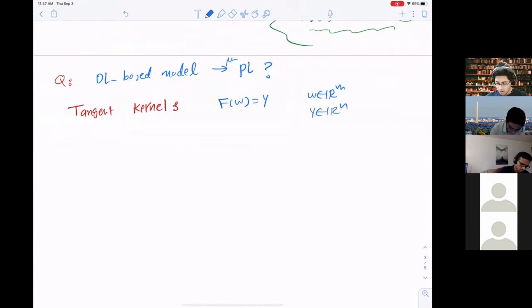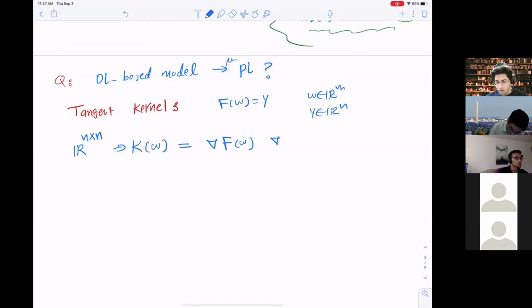Y is in n dimensions. My tangent kernel, K of w, is a matrix of size n by n, based on the number of equations or the number of samples that I have. It is the gradient of my function f at w times its transpose. Nothing complicated.